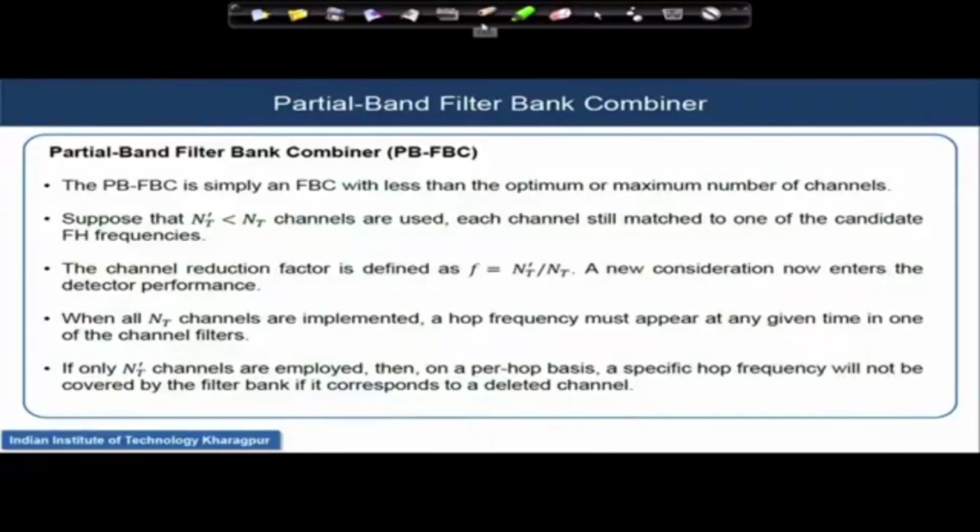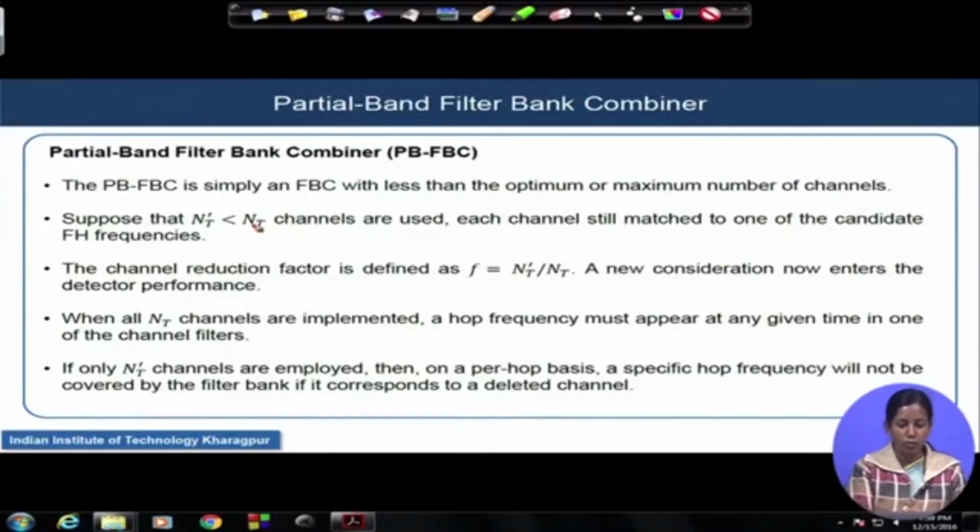It is less than the maximum number of channels available. Suppose the total number of channels is NT, and partial band FBC deals with N dash T channels. Then we can define the channel reduction factor f, which will be given by N dash T by NT.